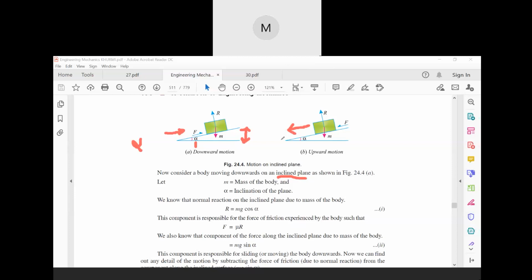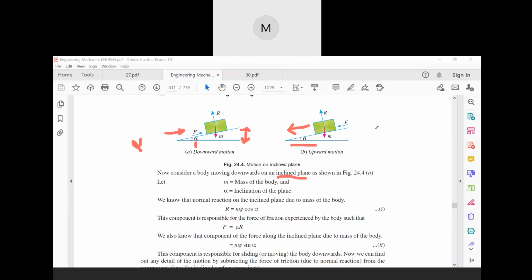Be it in the upward direction or the downward direction, the body is moving. Now, what will happen? If the body is moving in the upward or downward direction, then we can say that the plane is inclined with the horizontal, right?